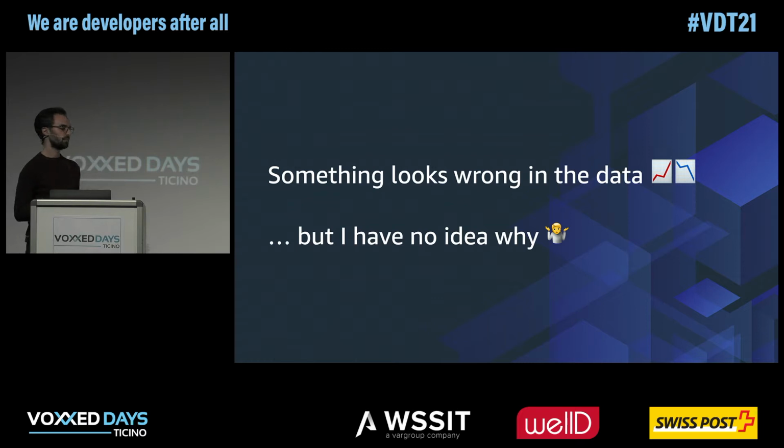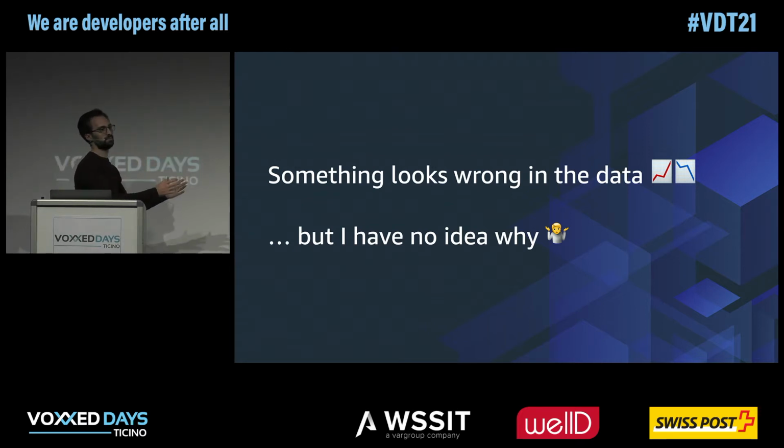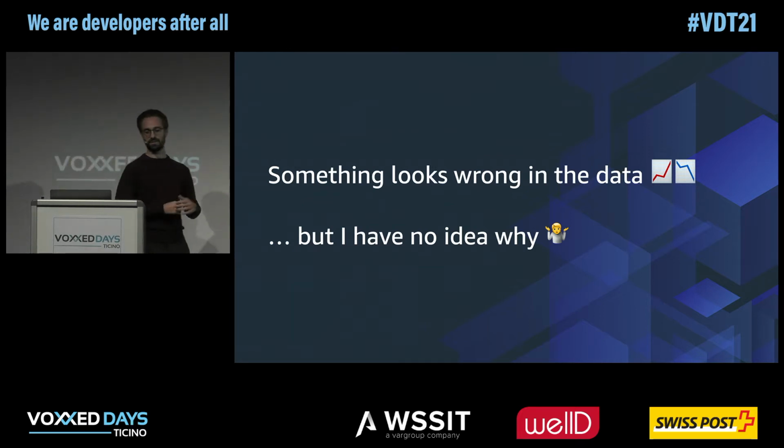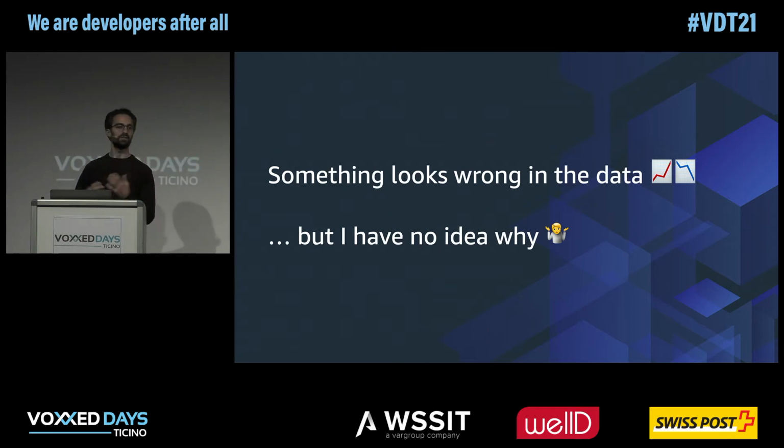Usually when it happens, it's because something happened in a place that you have no idea where it is. It could be on the mobile side or, depending on what you're building, out of your visibility, out of your control, but there are still ways to detect those issues, those problems, those data drifts, whatever it is.